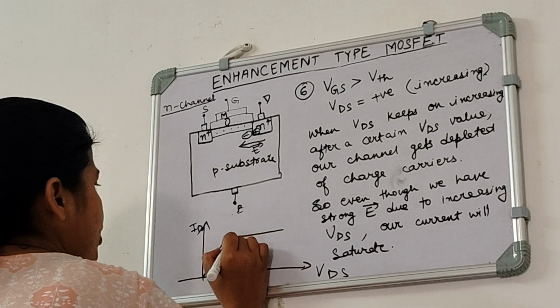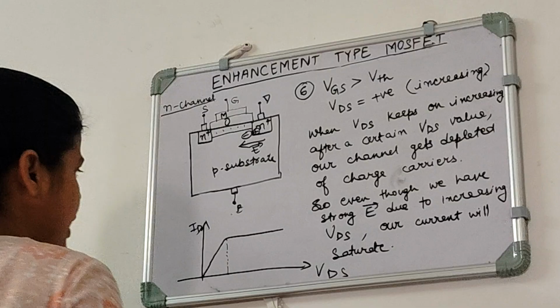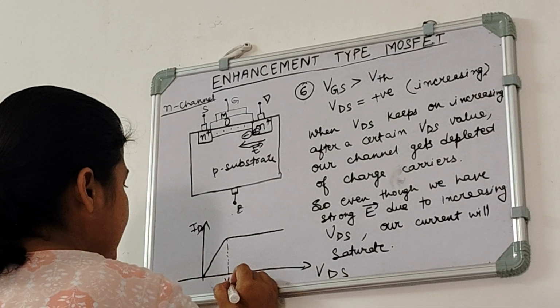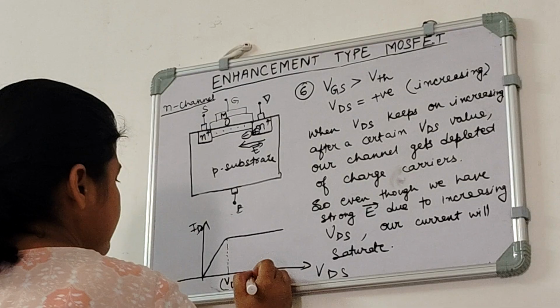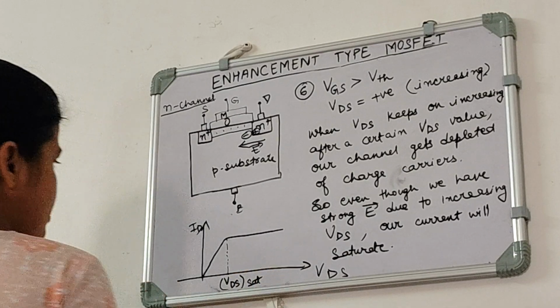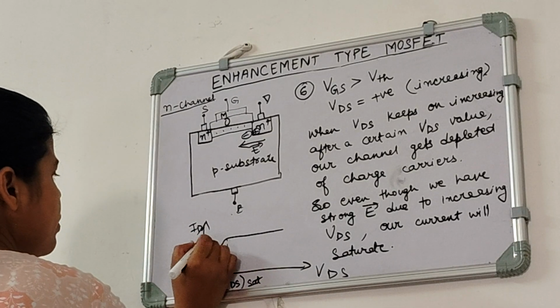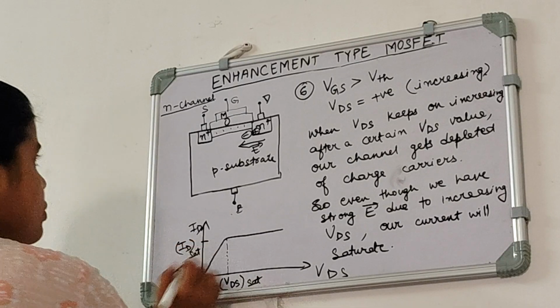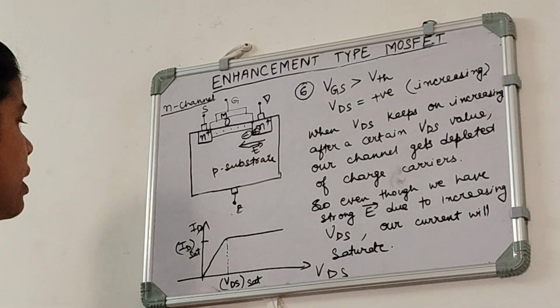And this value of VDS at which our current starts getting saturated is called VDS sat. And this value is ID sat. So this is our sixth condition.